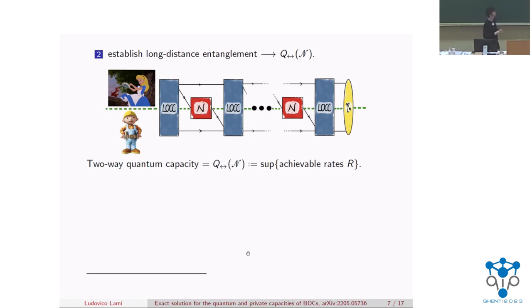So that's a scheme for entanglement generation. You have some asymptotically large number of uses of the channel, and in the middle you can do what are called LOCC, local operations and classical communication. Alice and Bob can talk on the phone, and they have local control over the quantum systems. At the end, you want to have a large number of singlets, so a very large entangled state.